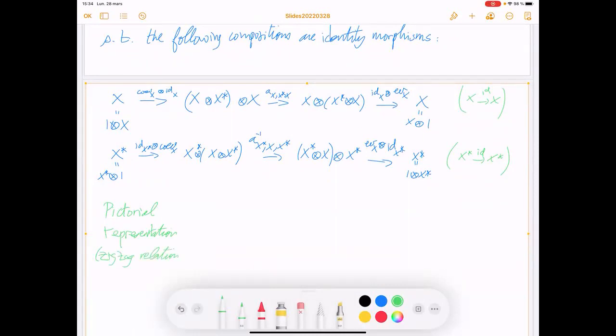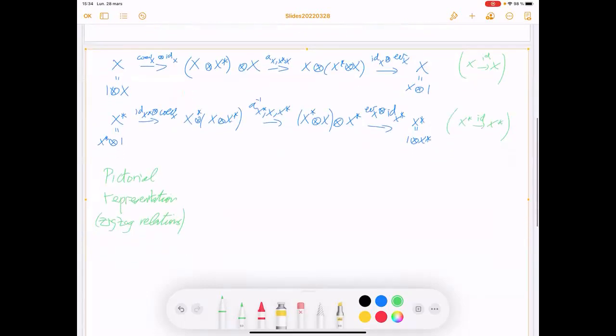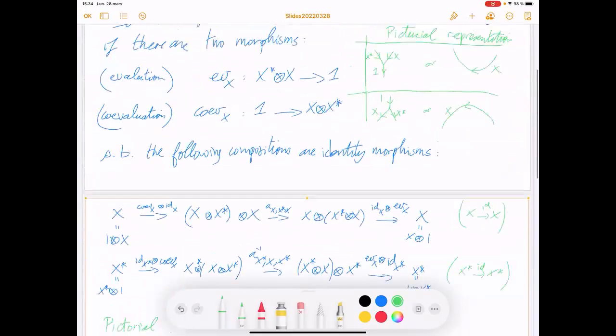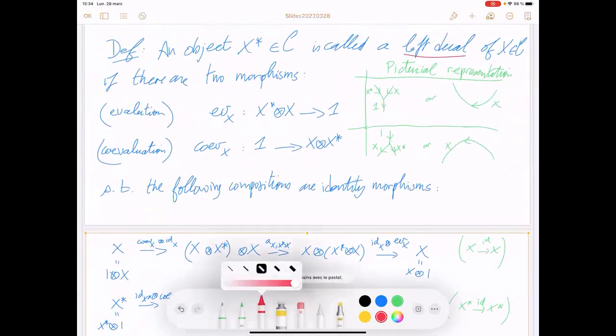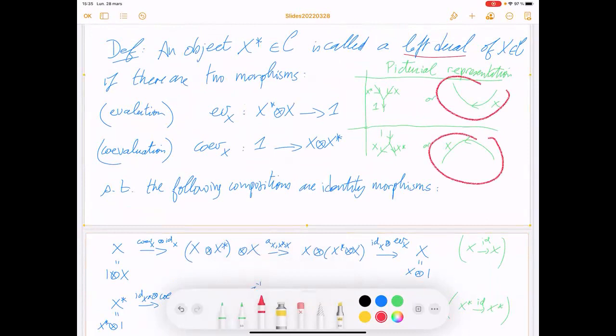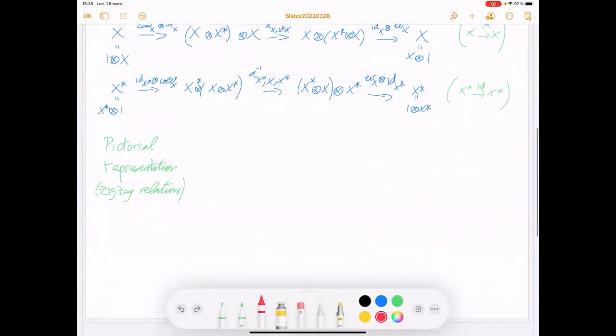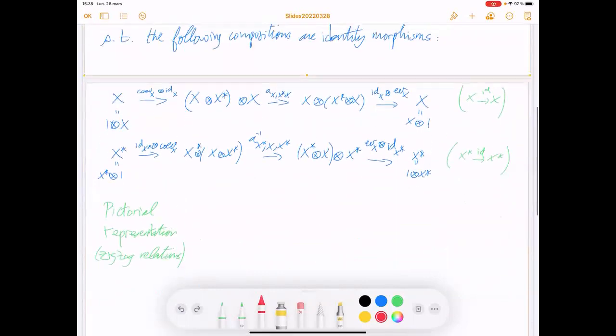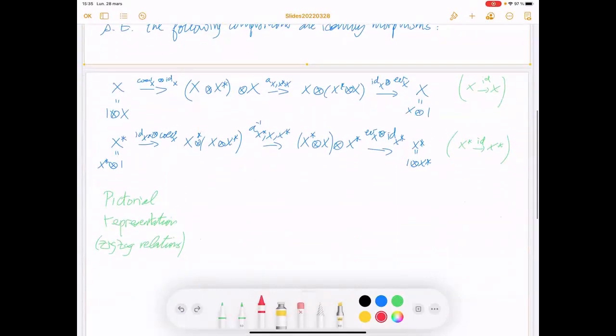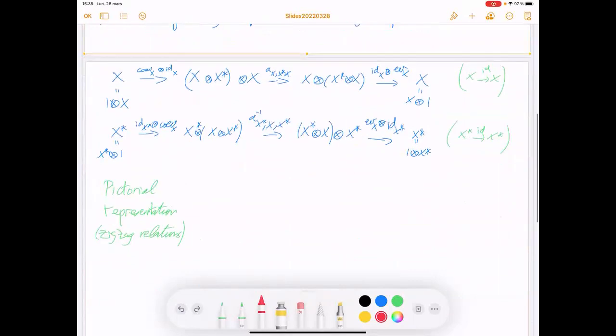And this is really intuitive, really easy. So you remember we will use this representation for evaluation and co-evaluation map. And then there is a very easy way to represent this composition to be identity. This is the following.